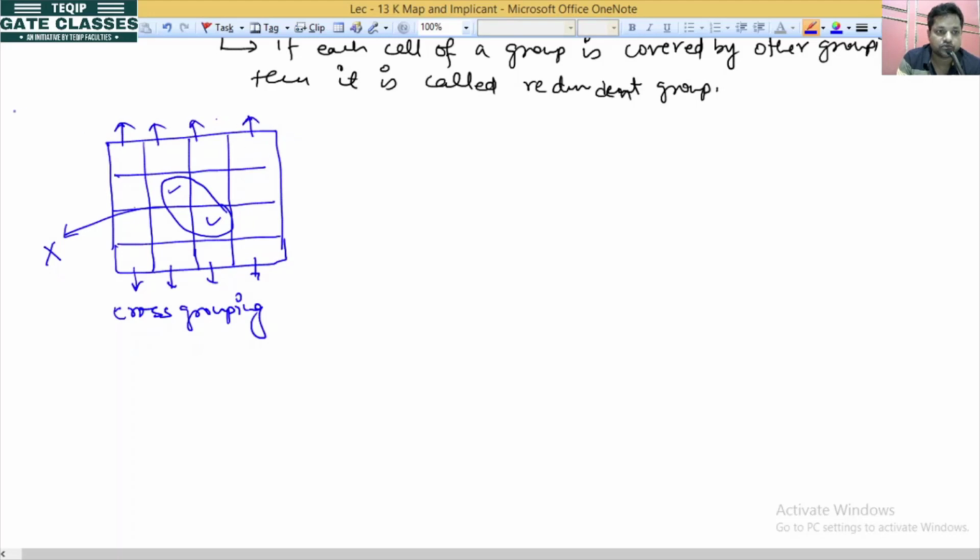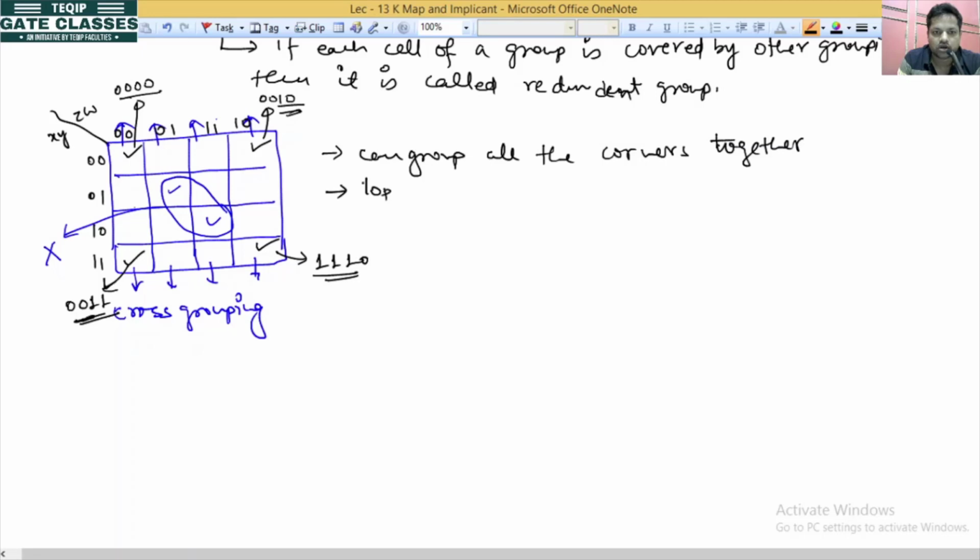And if you want, you can group all the corners together. So you can group this one, this one, this one, and this one.